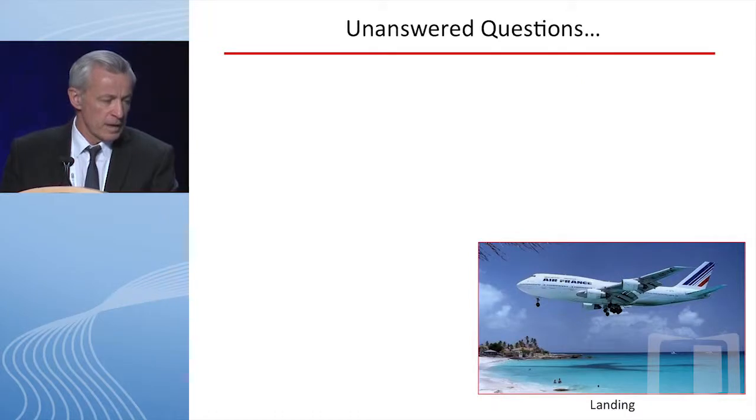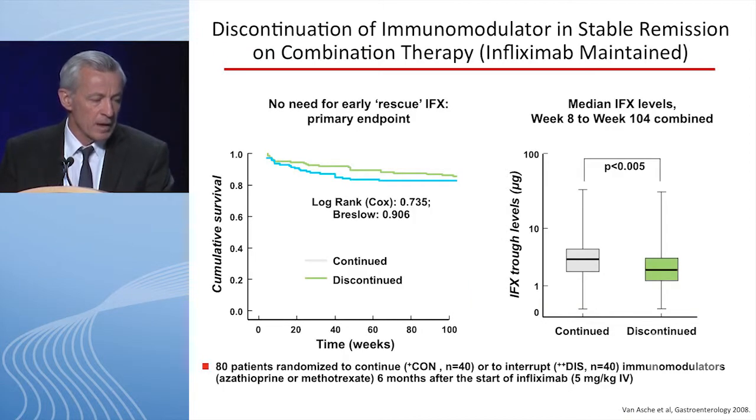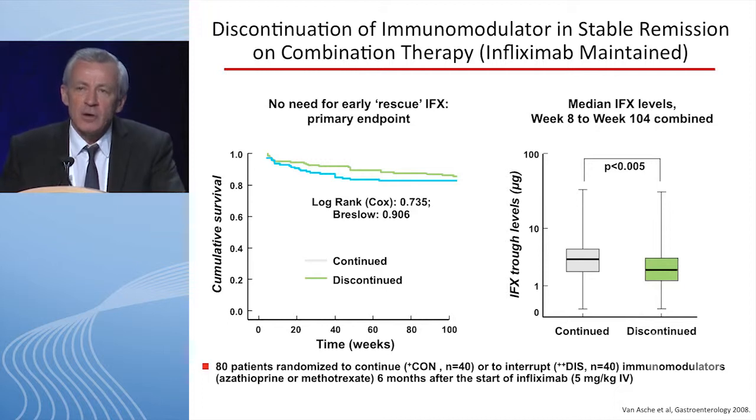Should we try to optimize a patient who is doing clinically well, but in whom the trough levels are low? And finally, I want to talk about landing, because I believe that de-escalation strategies are very important to explore. We know that when you have a patient on combo therapy, you can basically stop the azathioprine or methotrexate or stop the biologics.